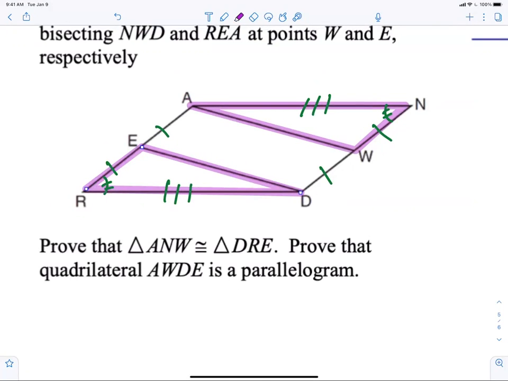That's why you have to know, right? If a quadrilateral has opposite sides equal, then it's a parallelogram, correct? So what's true about ED and AW now? That's right, they're congruent. So these are equal, right? And we automatically know that WD is equal to EA. What doesn't say it's parallel?